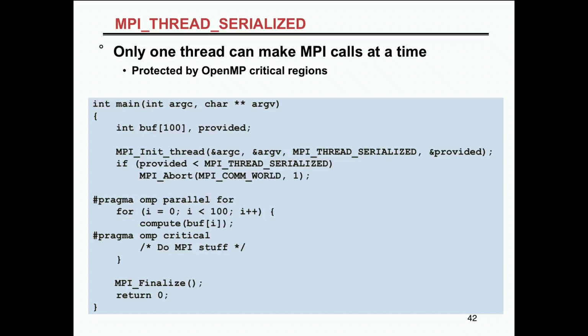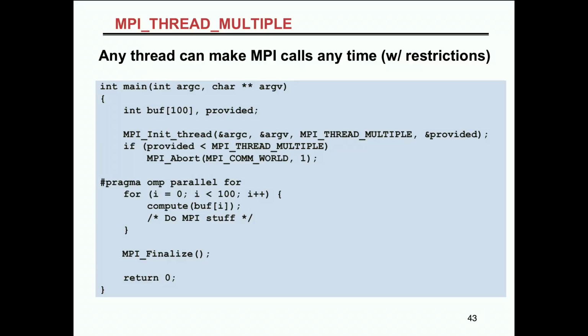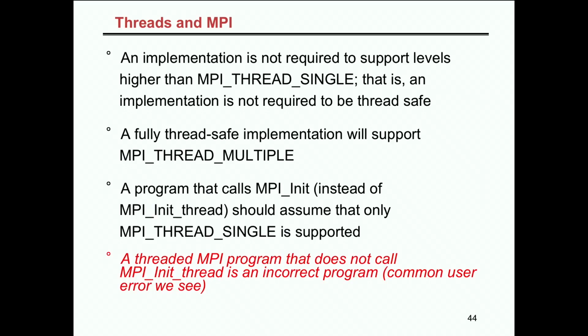It means 2 threads will not execute it at the same time. So that's correct as well. And finally, anything goes. You put your MPI stuff within your parallel, multi-threaded region. Everyone will do MPI stuff simultaneously. And this is correct as long as your semantics are correct. I'm not saying that you can't write wrong code. This is just MPI-wise accepted.